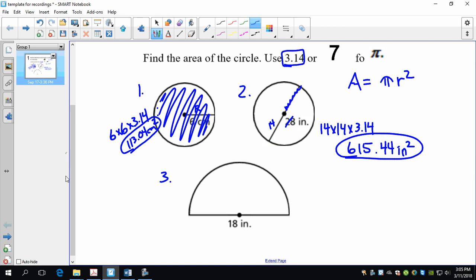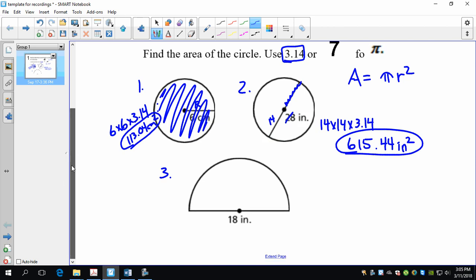And finally, for the semicircle for number 3, we know it's 18. Again, we still want to have it in the radius form. If this is 18, then half of that would be 9. For this one, we're going to do 9 times 9 times 3.14. Then because we have half of the circle, we take that answer, 254, and divide it by 2.